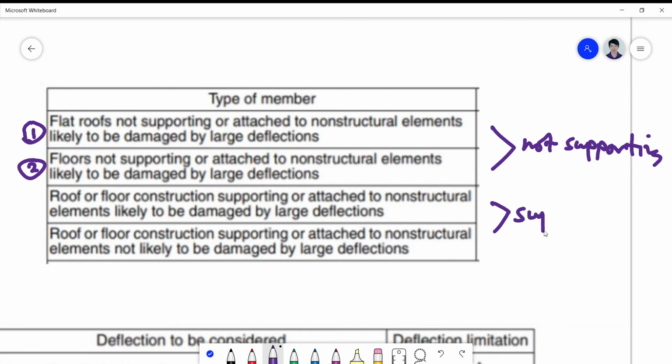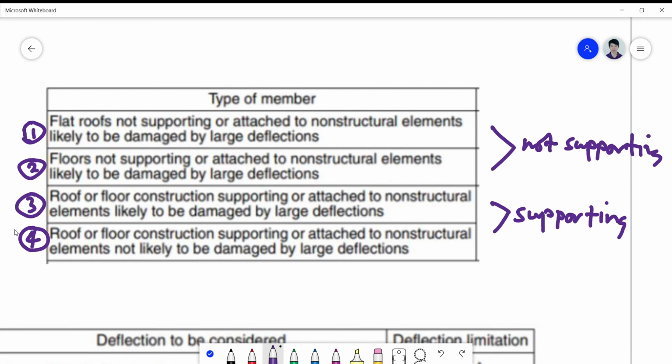When you are talking about attachment, you are talking about supporting. So they are just the same word. An example is when the beam is supporting the slab, or when the slab is supporting the water tank.